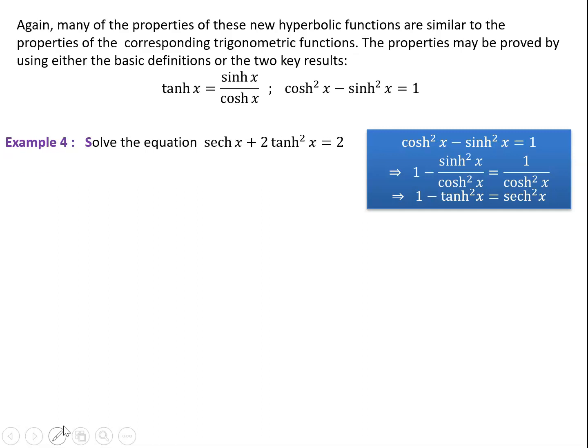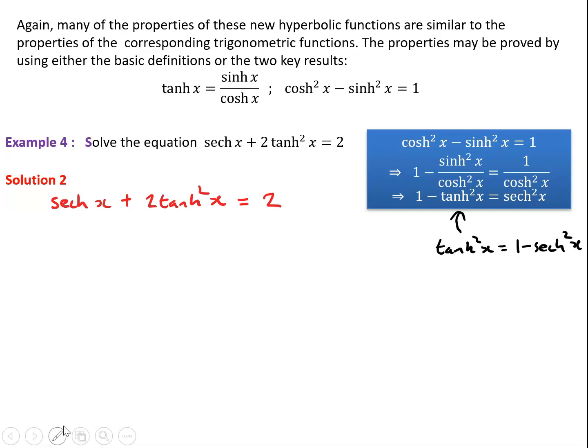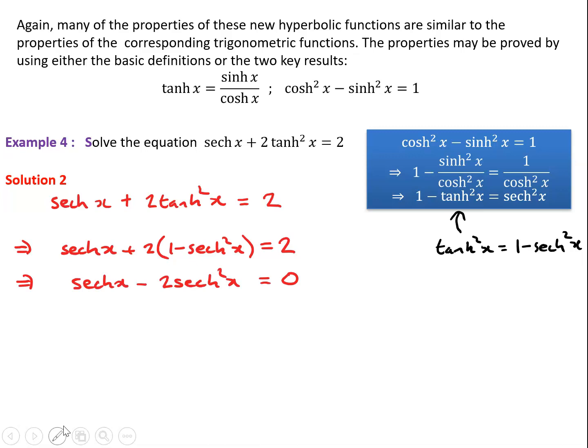So solution 2 is going to say that we've got sech x plus 2 tanh squared x is equal to 2. So we know that tanh squared x is the same thing as 1 minus sech squared x. So I've now got sech x plus 2 times 1 minus sech squared x equals 2. So that now gives me sech x minus 2 sech squared x equals 0.